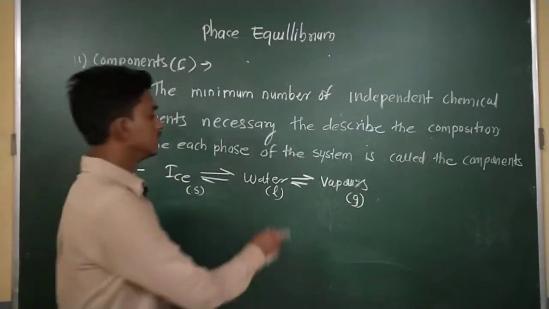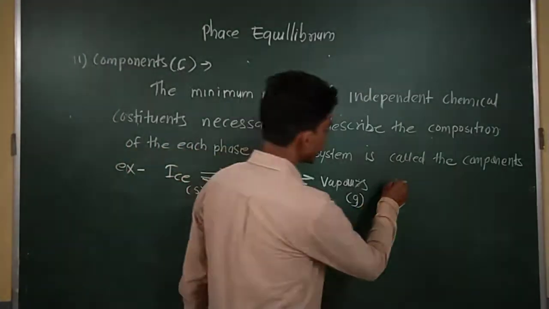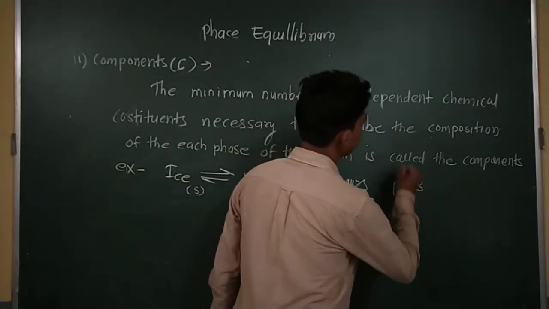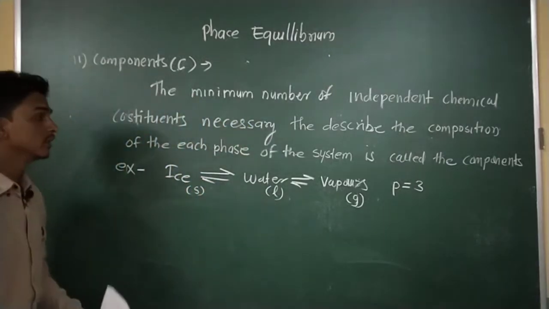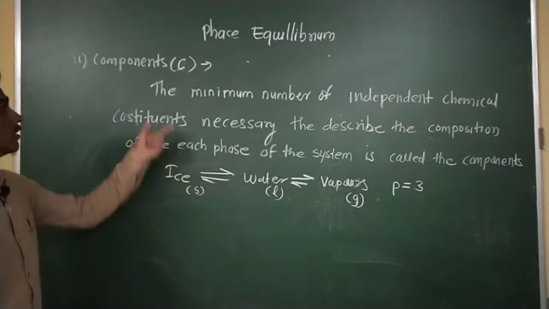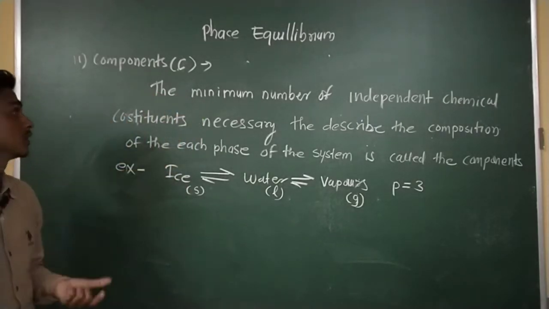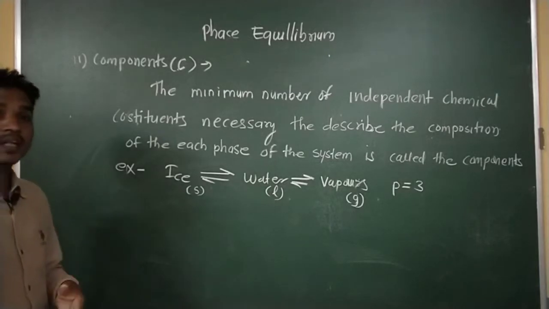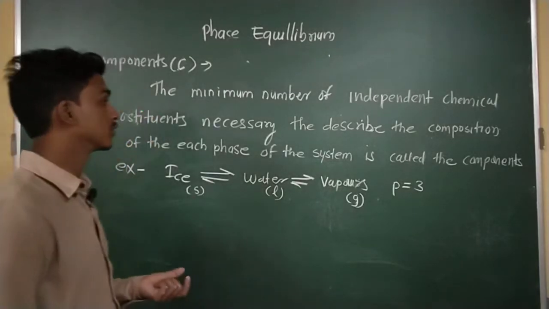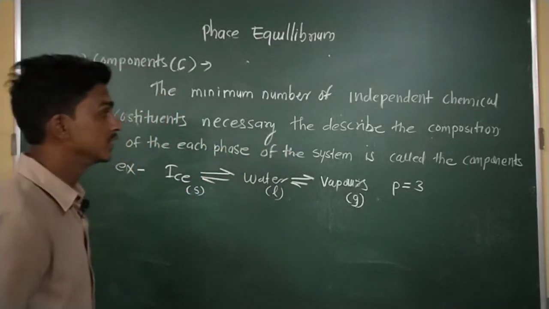So in this water system, the number of phases is 3. But how many components are there? The definition itself indicates the minimum number of independent chemical constituents which are necessary to describe the compositions of each phase.